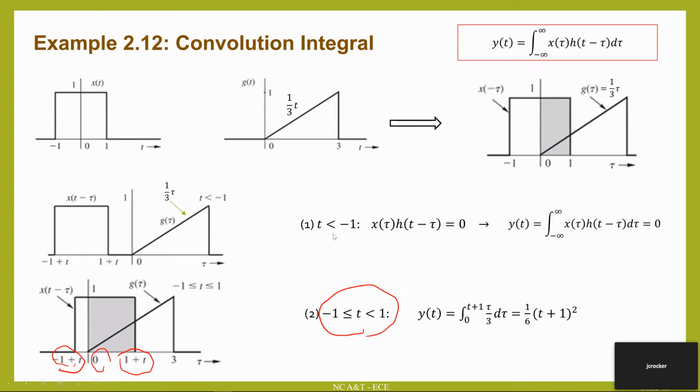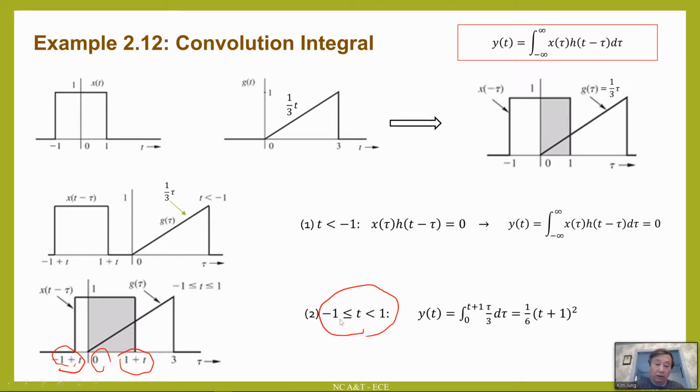Then you go down one line, and you have -1 plus t, 0, and 1 plus t, but it's overlapped in that second picture. I'm confused about how you get that third image next to number 2. Why did you choose -1 less than or equal to t less than 1?